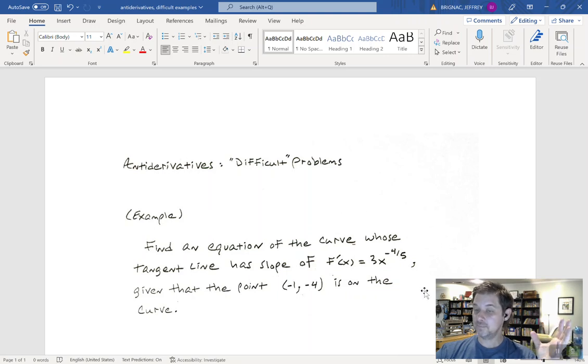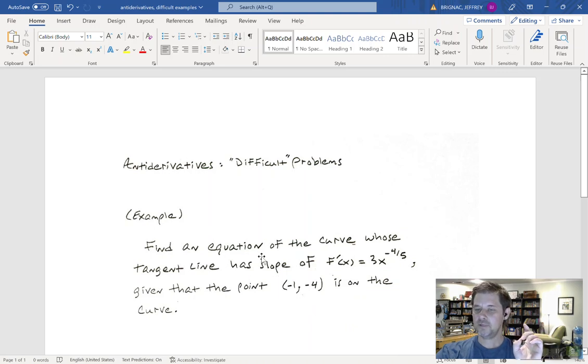You have to read the information, figure out how to assimilate it, what to do with it, what's important about it, what's not important about it, how to use the information, and then solve the problem from there. So let me read you how the problem is given, and then I'll tell you how I would think about it. And if you like that, you can think about it that way too.